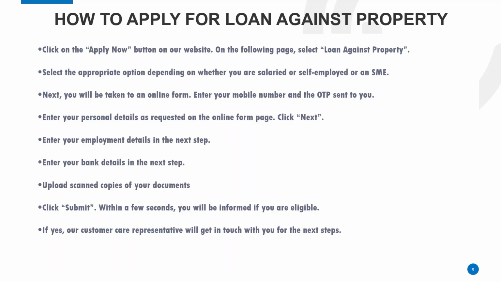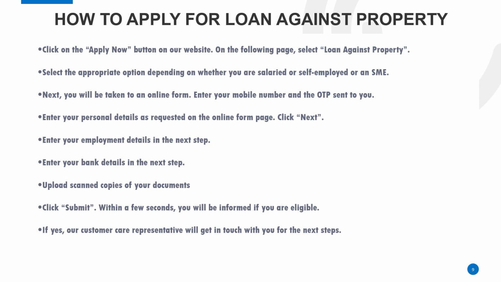How to apply for loan against property? Click on the Apply Now button on our website. On the following page, select Loan Against Property. Select the appropriate option depending on whether you are salaried or self-employed or an SME. Next, you will be taken to an online form. Enter your mobile number and the OTP sent to you.